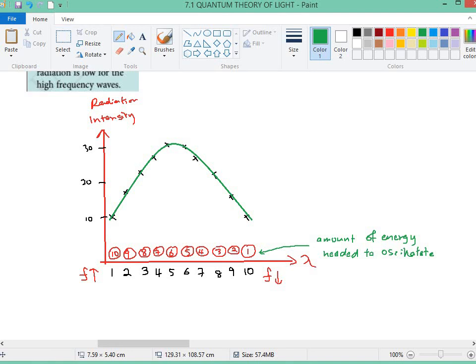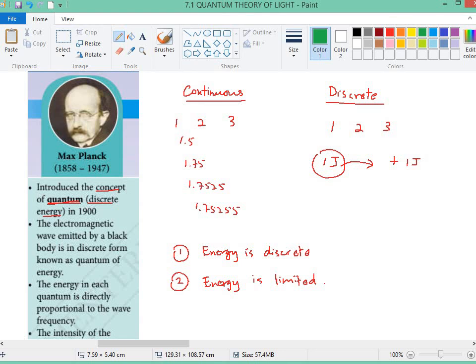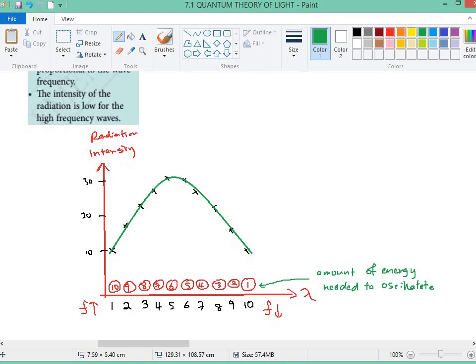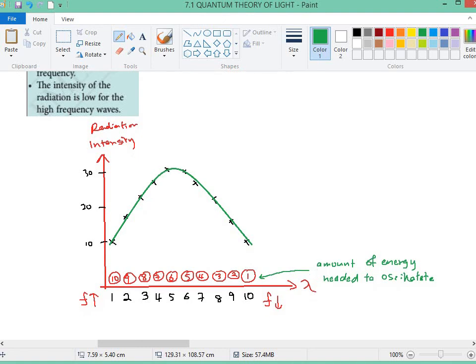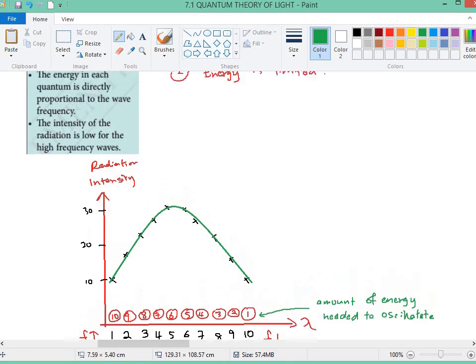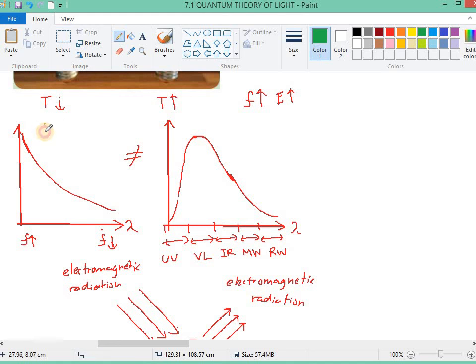So you see, the idea of Max Planck, where energy is discrete and energy is limited, can explain the result of the experiment, the result that cannot be explained through classical theory. This is from classical physics.